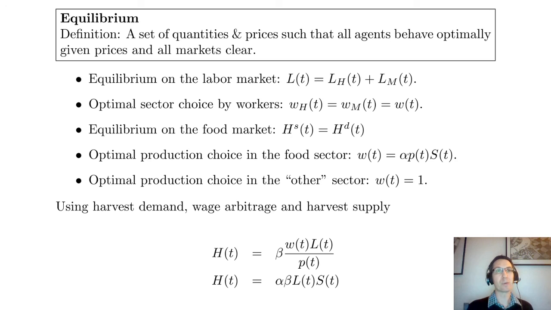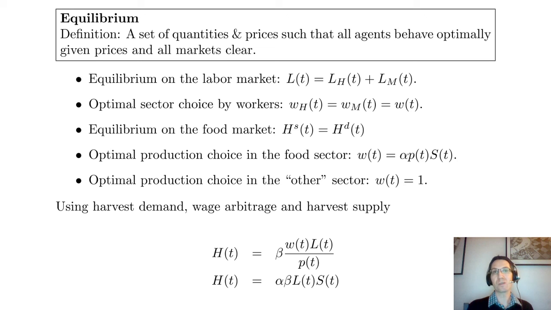So this equilibrium is defined by a certain number of equations that we already have used. On the labor market, the total labor supplied by the islanders has to be equal to the labor in the harvest sector and the labor in the other goods sector.